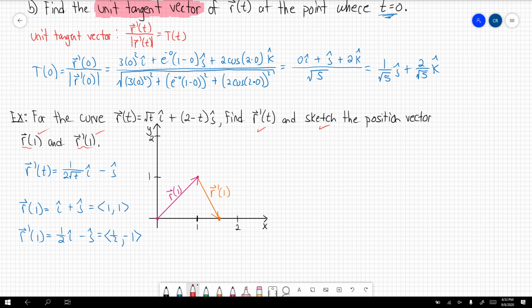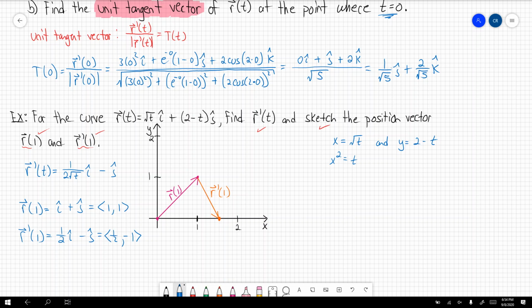Now let's see if we can unparameterize this curve to extract what is this given curve that we're looking at. So we know that in the x component, we have the square root of t. And we know that in the y component, we have 2 minus t. Well, what if I square x is equal to square root of t? In other words, square both sides of that equation. Then we wind up with t as being equal to x squared.